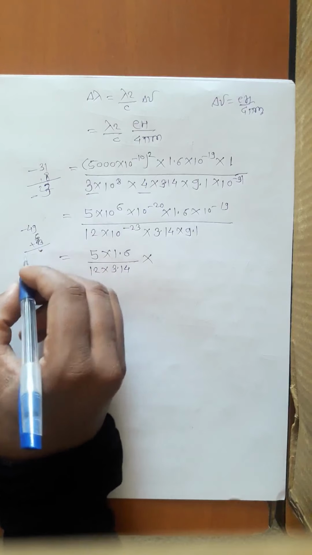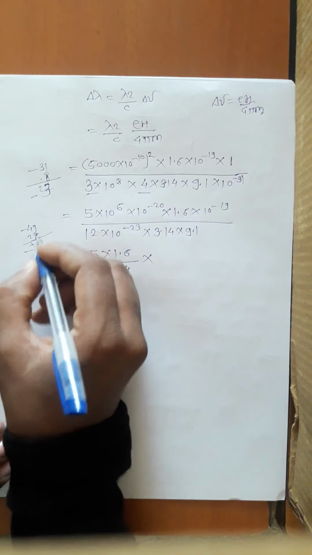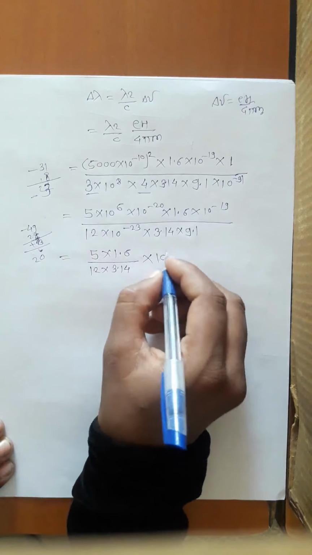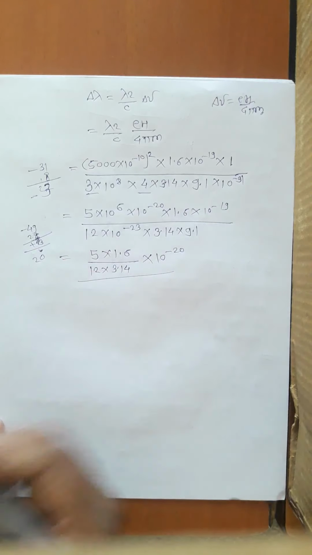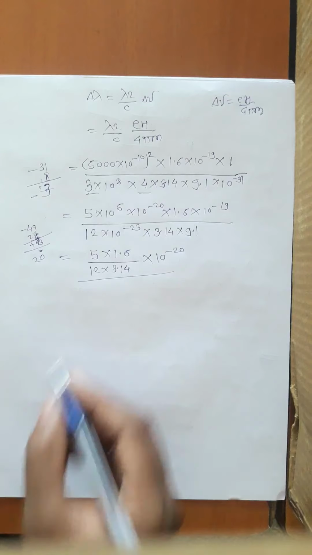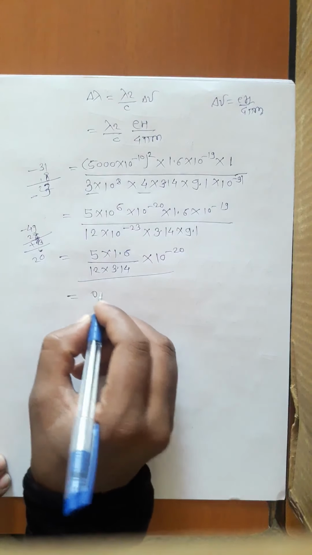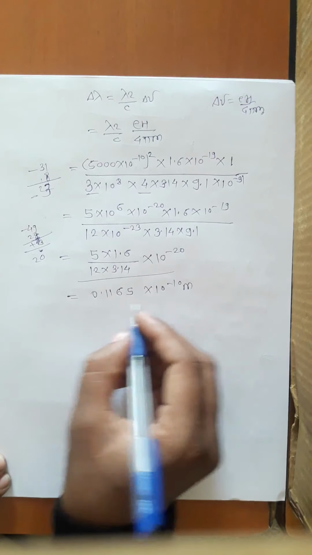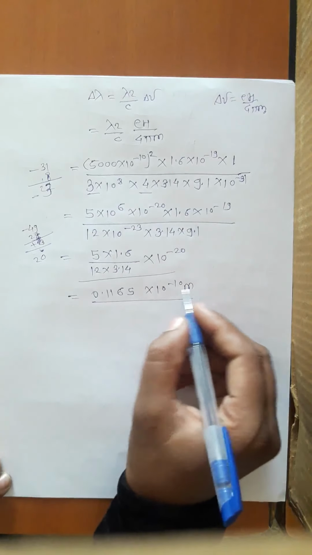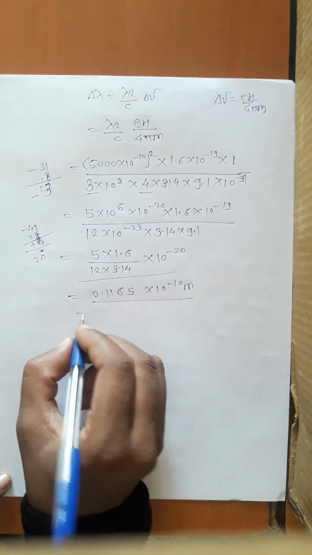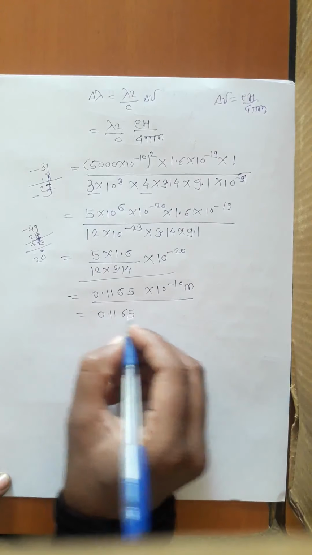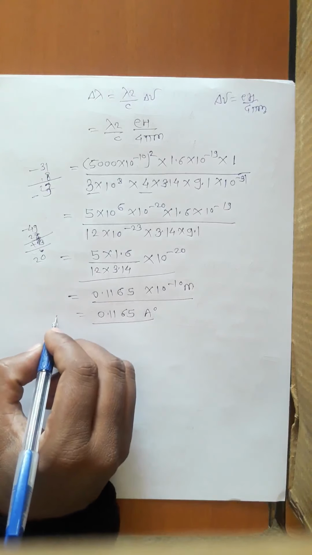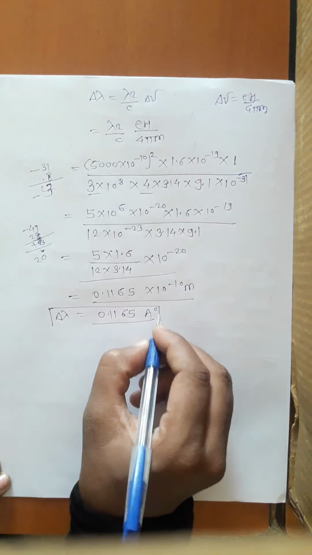After solving all this calculation, we will get the value 0.1165 into 10 raised to minus 10 meter. 10 raised to minus 10 meter means 1 angstrom, therefore 0.1165 angstrom. This is the value of delta lambda.